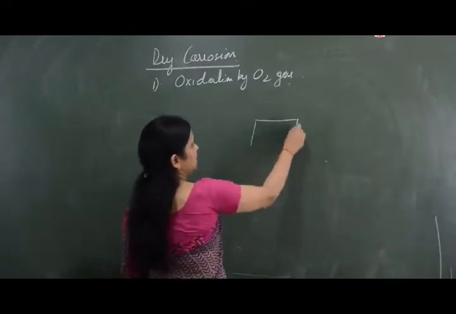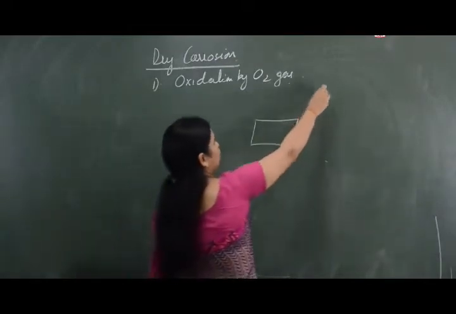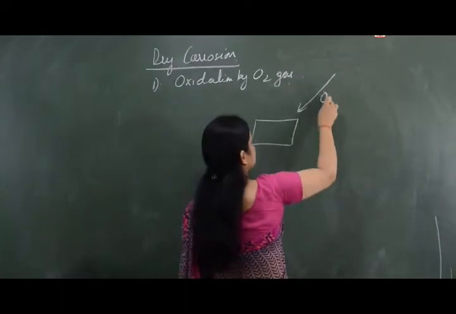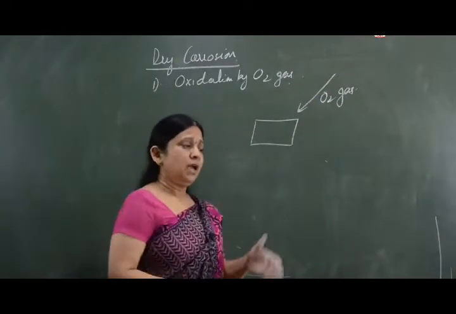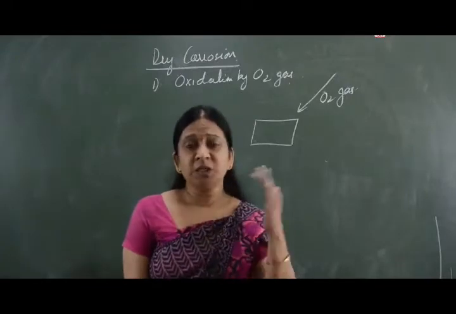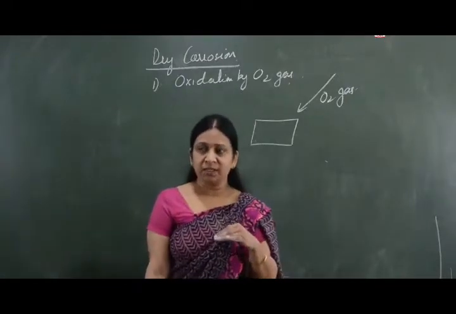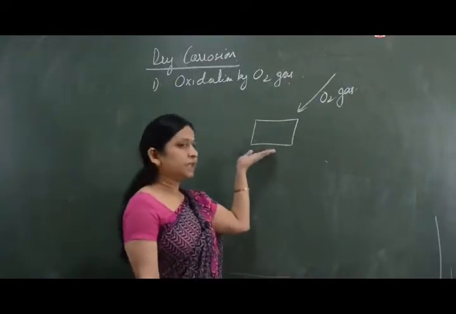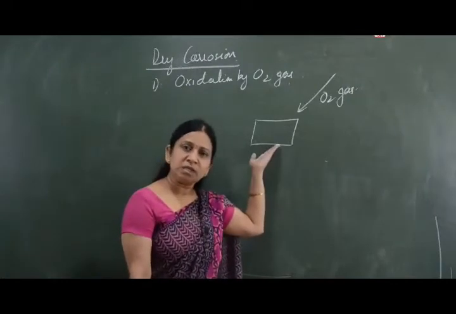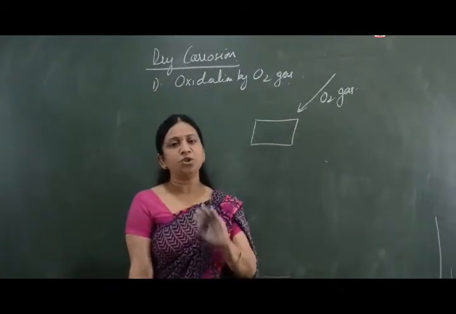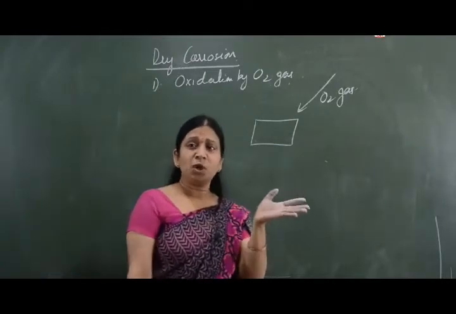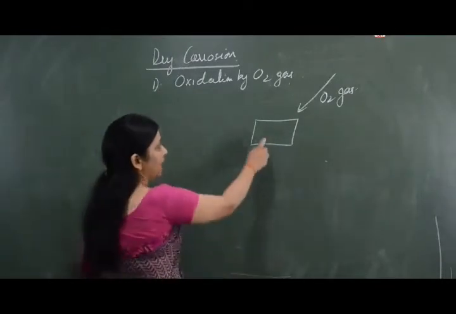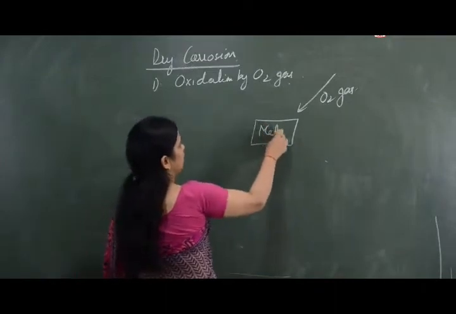Suppose this is a metal on which oxygen gas falls. Initially, physical adsorption takes place, and then we increase the temperature. When we increase the temperature, the physical adsorption is converted into chemisorption, and as the chemisorption occurs, the metal undergoes oxidation.